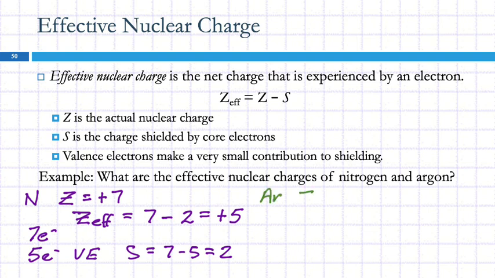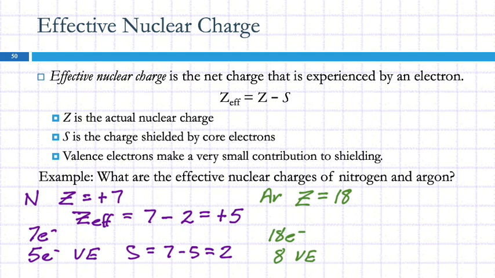How many protons does argon have? 18. So that tells me it also has 18 electrons, right? How many valence electrons does argon have? 8, right? It's in group 8. So 8 valence electrons.